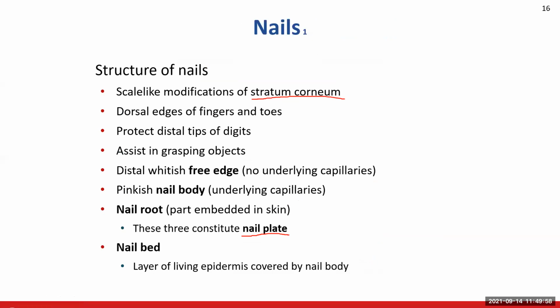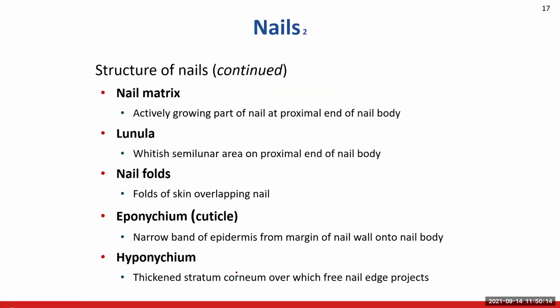Underneath your nail plate is going to be the nail bed. And that's made up of that living epidermal tissue. Okay, it's this pinkish looking tissue that sits right underneath the nail plate. So the nail matrix, similar to the hair matrix, if you've studied that at all in lab, right?